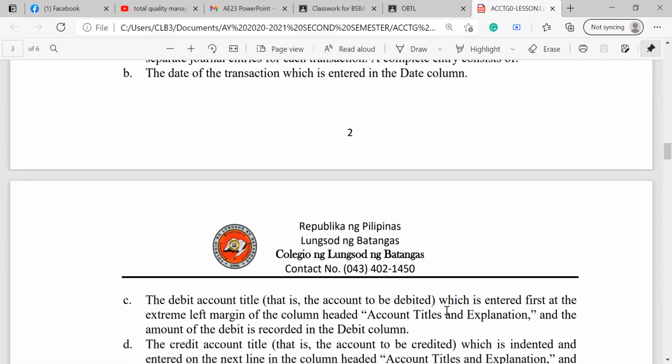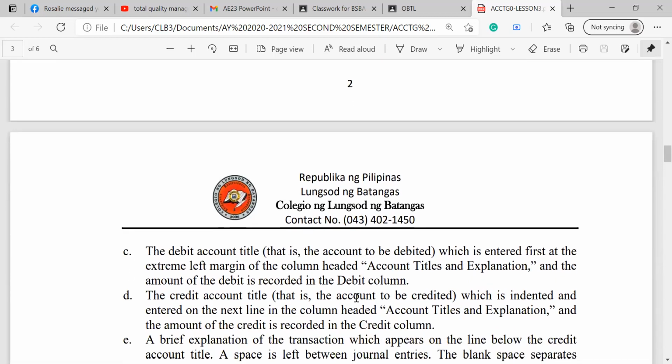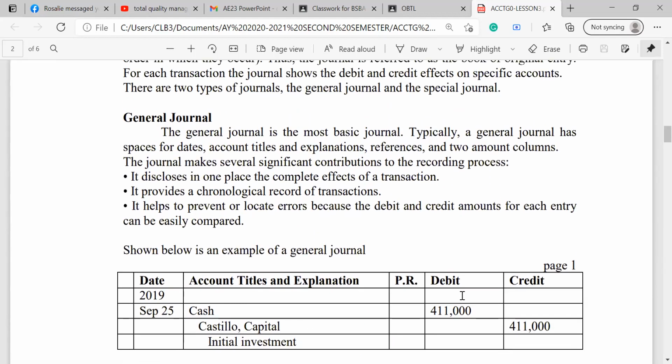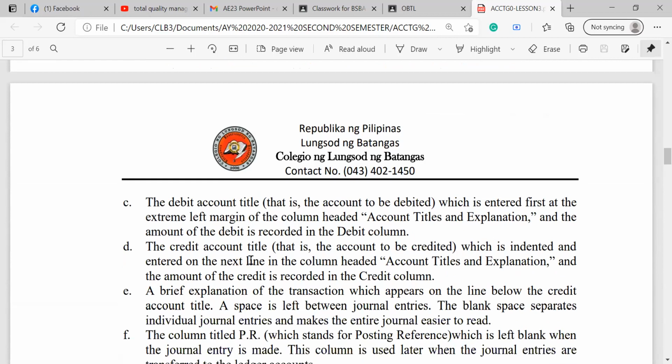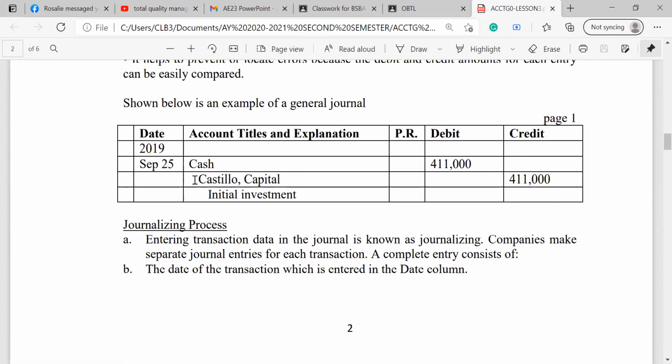Okay. So, lagay natin yung account title and then dun sa debit portion na column dito, lalagyan mo yung kanyang amount. Next, yung credit account title naman, usually pagka sinusulat natin, indented. Okay? Indented po. Ano pong ibig sabihin ng indented? Ayun, nakapasok po. Papasok.